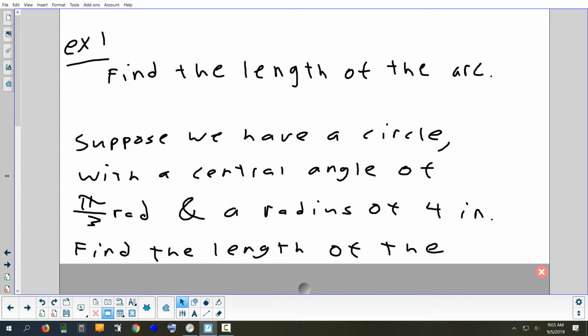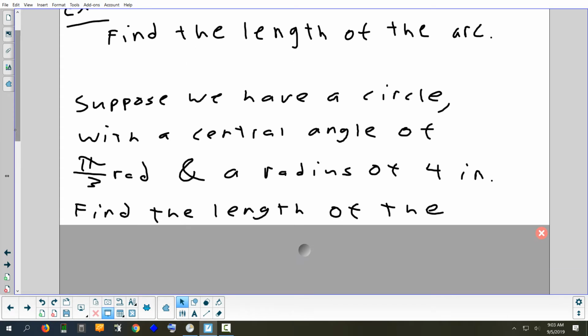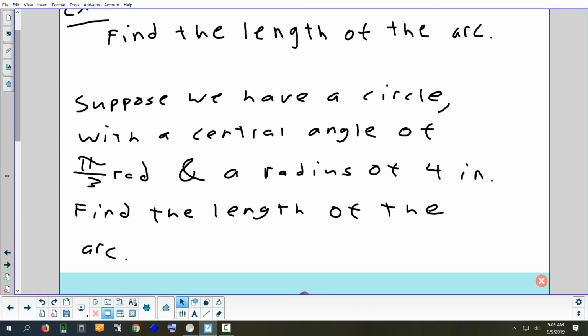So it says, suppose you've got a circle, and inside the circle you've drawn an angle, and the angle is pi over 3 radians. Okay, and the radius is 4 inches. Find the length of the arc.